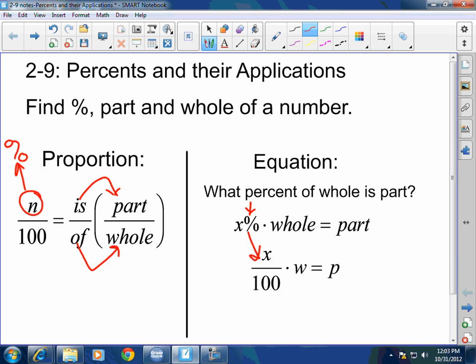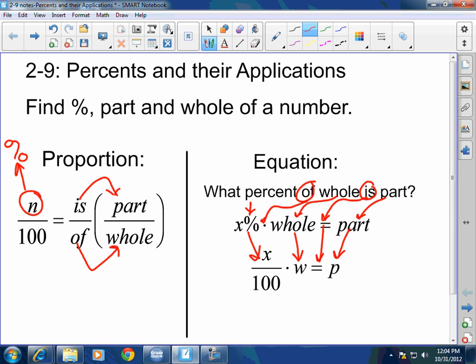If you have a known percent, like let's say they tell you 12%, remember we have to turn 12% into a decimal. So that would be 0.12. But if they say what percent, put that as x over 100. Of means multiply. Whole is the whole, which we call W. Is means equals. And part is part, which we represent as P.